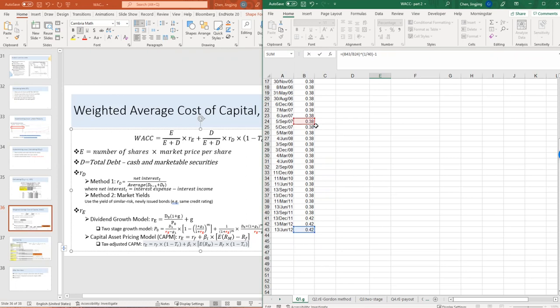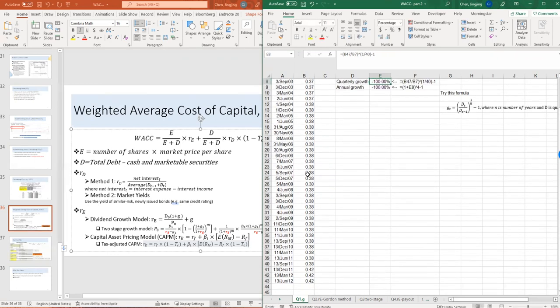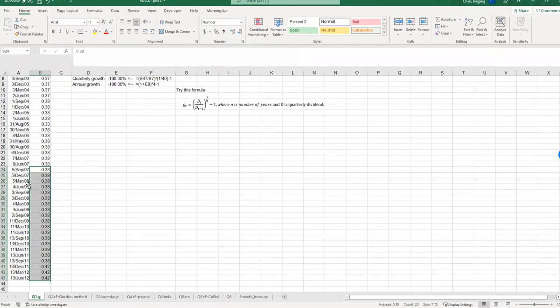Okay, let me check from row 24. I should have four times 5, 20 numbers. So I have exactly 20 counts here.